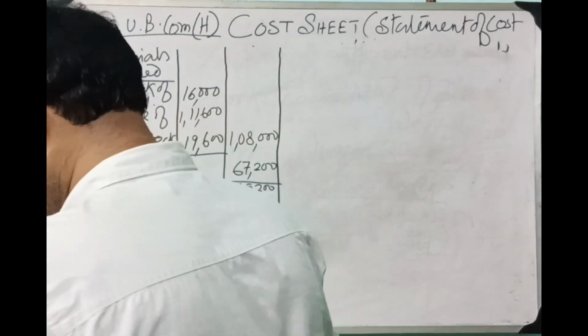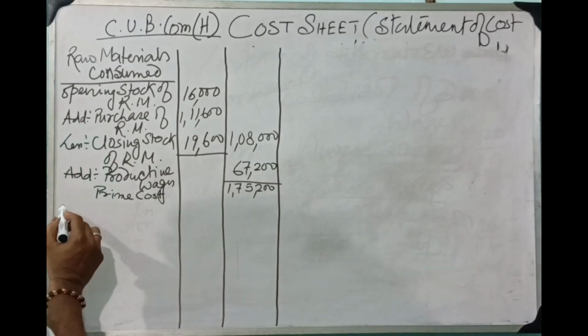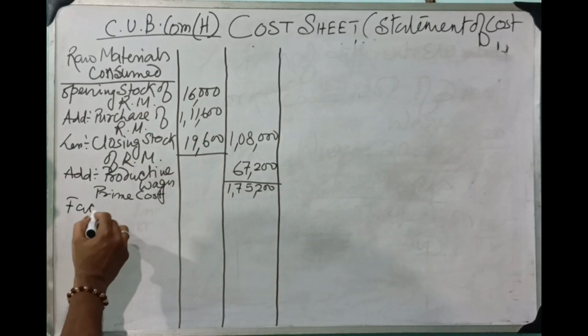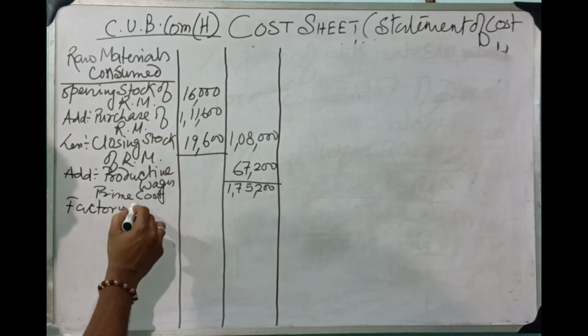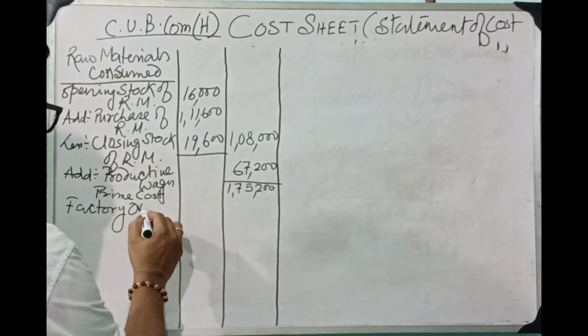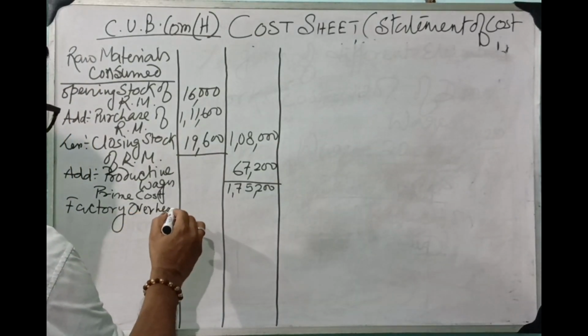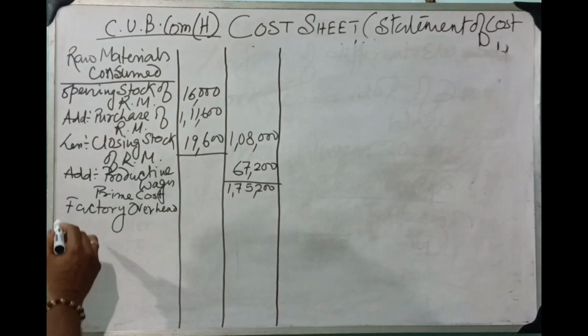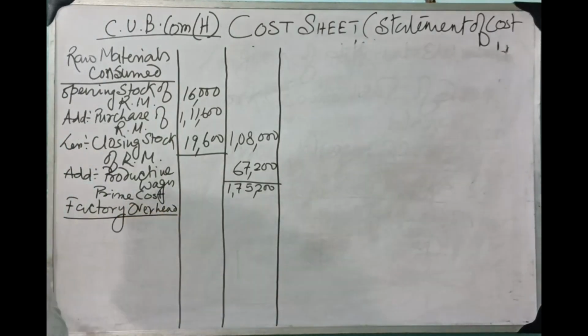After that, what will we write? We are writing, this is called factory overhead. Don't worry, the sum will be flashed on the screen. Under factory overhead, the first element is coming. Look at.